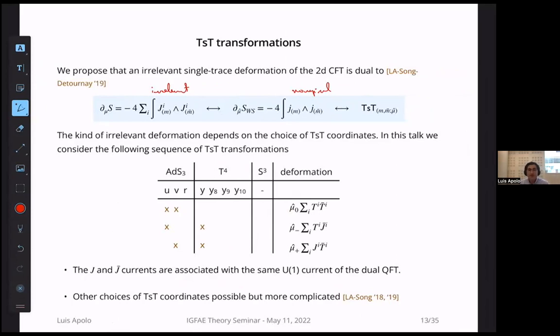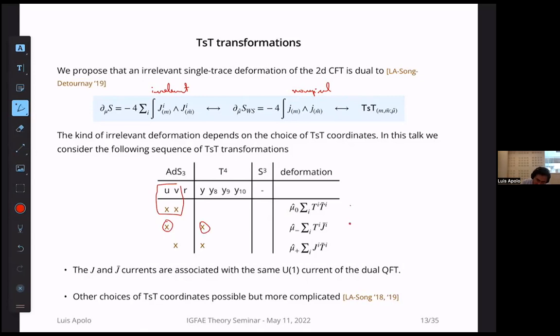So in this talk, I will consider a sequence of 3 TsT transformations where the TsT coordinates are taken from the lightcone coordinates of AdS3 in order to get the TTbar deformation. We will take another coordinate from AdS3 and one from T4 to get the TJbar deformation.